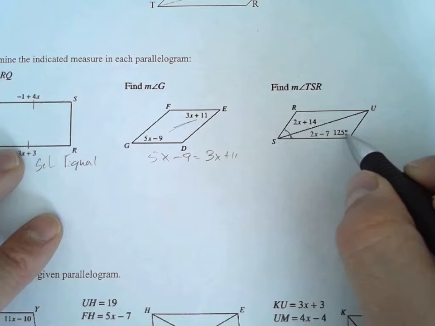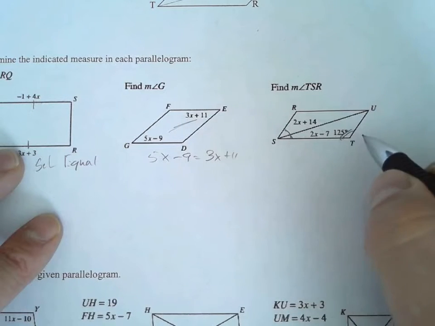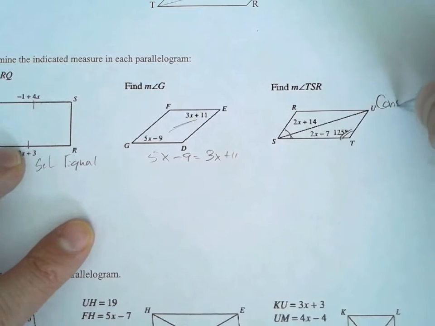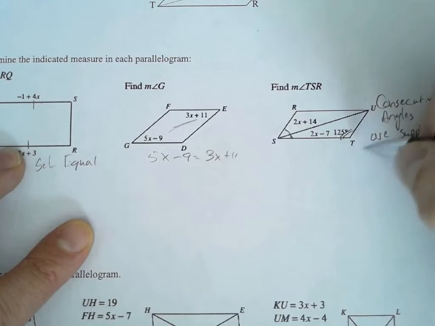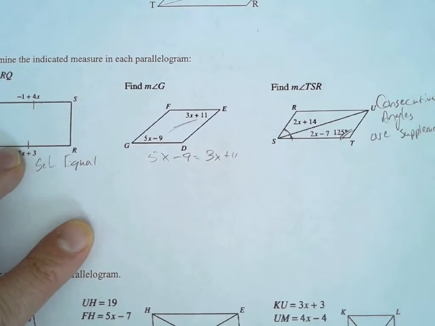But if I know 125 is this angle, I know consecutive angles are supplementary. So I would just add them, 125 plus this angle equal to 180. So they add to 180.